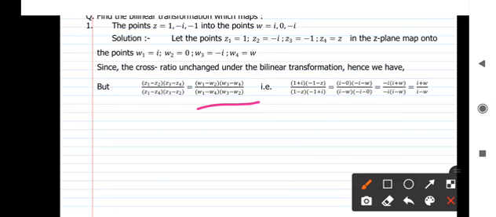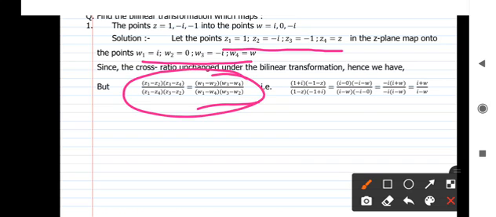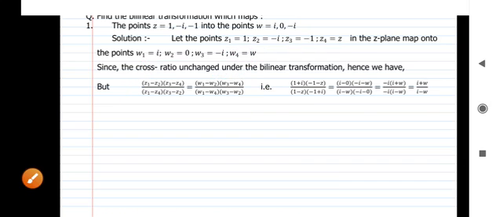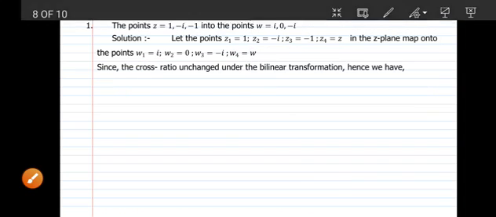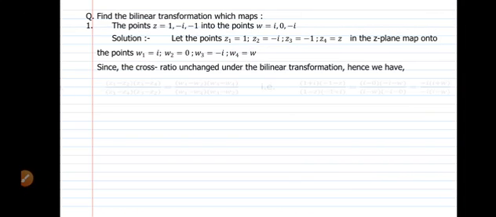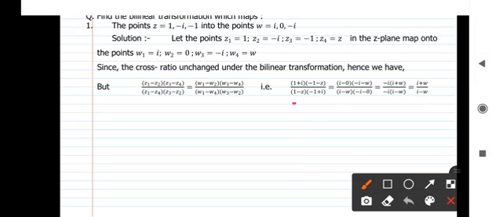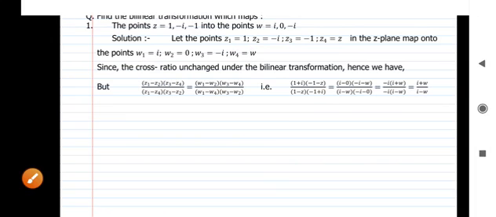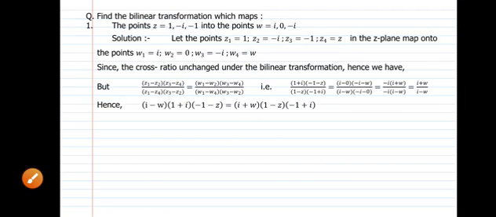Now we will substitute all these z1 to z4 points and w1 to w4 points in this ratio, and simplifying we get this LHS and this simplified RHS. Now cross multiplying we get this step.